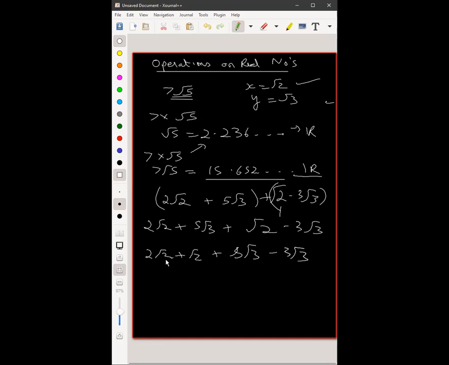What is 2√2 plus √2? √2 will remain, and this will be 2 plus 1, which is 3√2. And 5 minus 3 is 2, and √3 remains as √3. This is the same answer we got earlier.